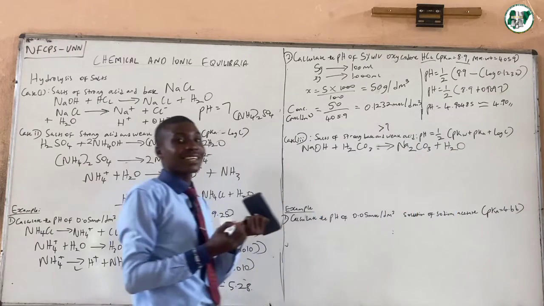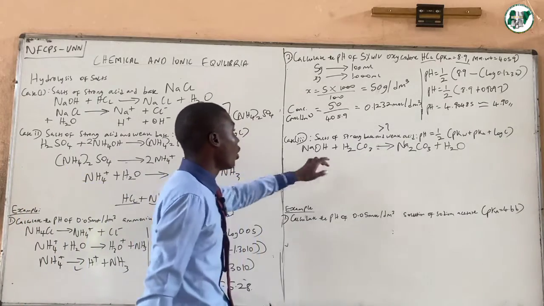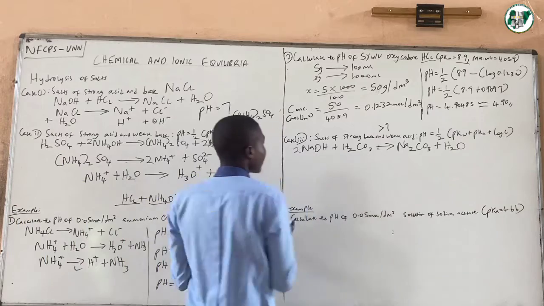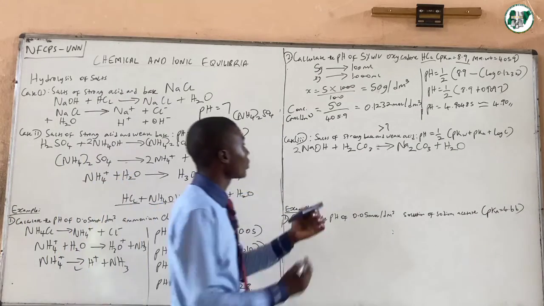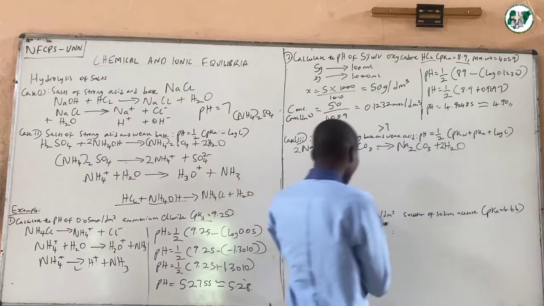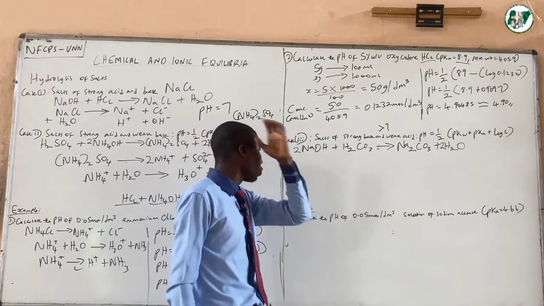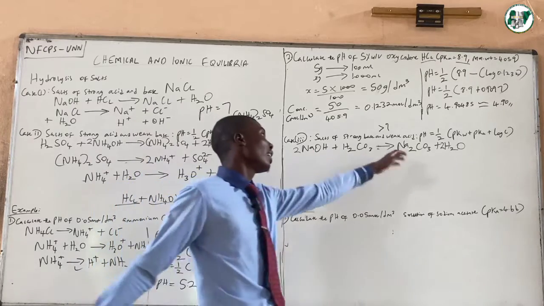This is a complete equation. It actually goes in phases. The first phase is NaOH plus H2CO3, which forms NaHCO3, and then finally forms the Na2CO3.